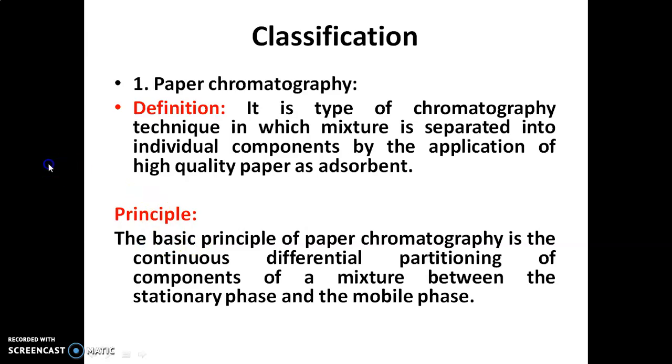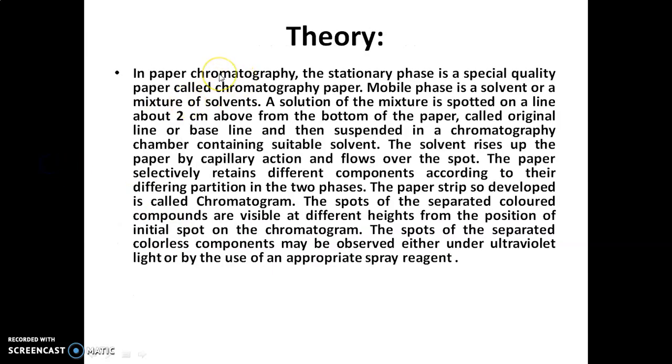Okay, next theory. In paper chromatography the stationary phase is a special quality paper called chromatography paper. The mobile phase is a solvent or a mixture of solvents. A solution of the mixture is spotted on a line about 2 cm above the bottom of the paper, called the original line or baseline, then suspended in a chromatography chamber containing a suitable solvent.